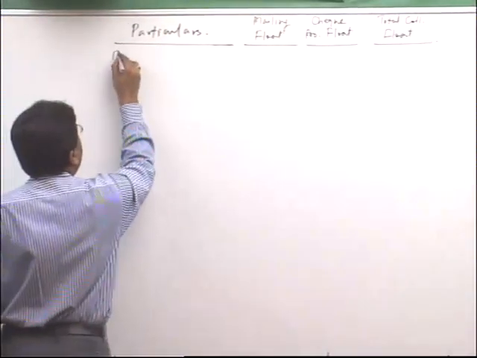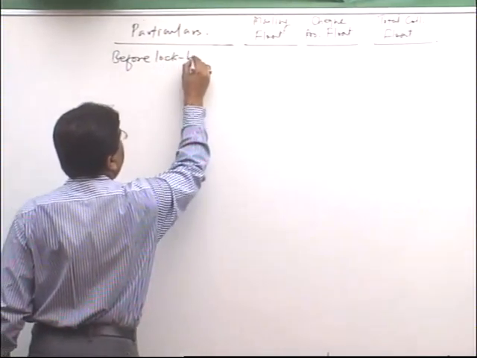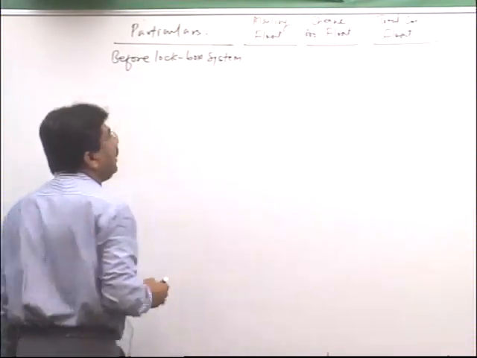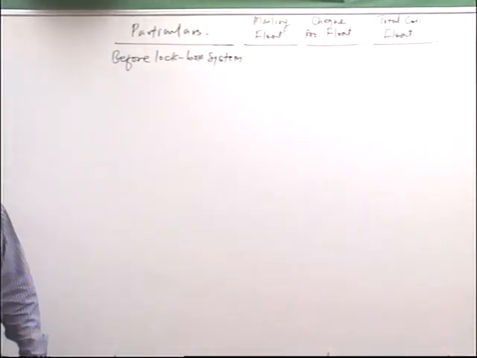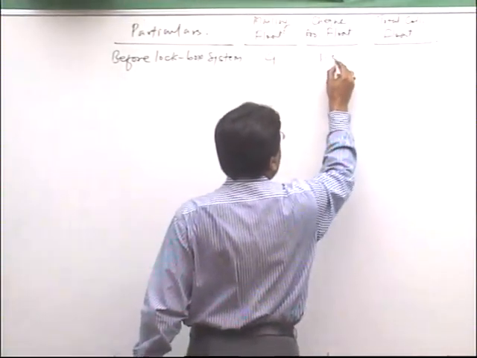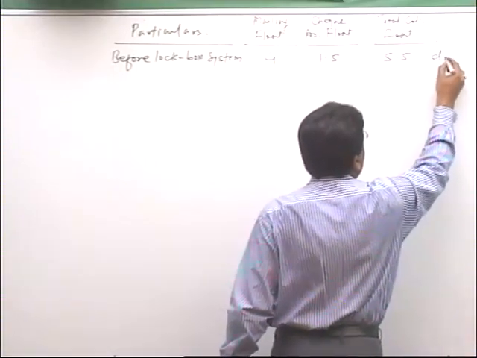Right now, means before installation of lockbox system, the mailing float is 4 days and check processing float is 1.5 days. So, total collection float is 5.5 days.